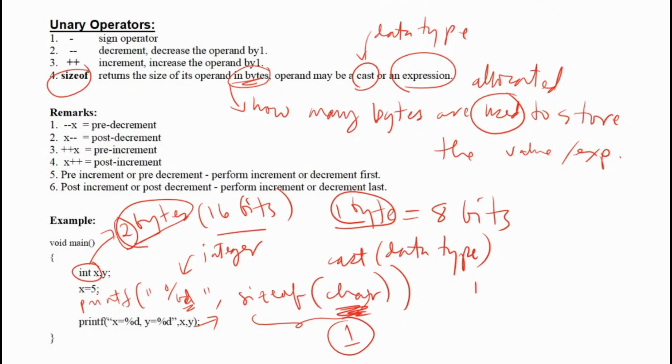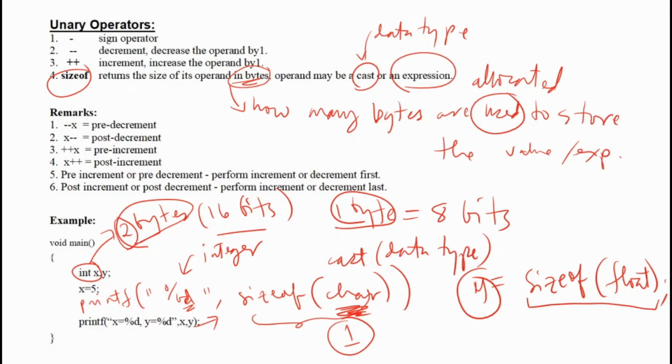So if we say y gets sizeof float, what is the value of y? Sizeof float, how many bytes are allocated for data type float? Float is 4 bytes, right? Character is 1 byte. Okay, recall.